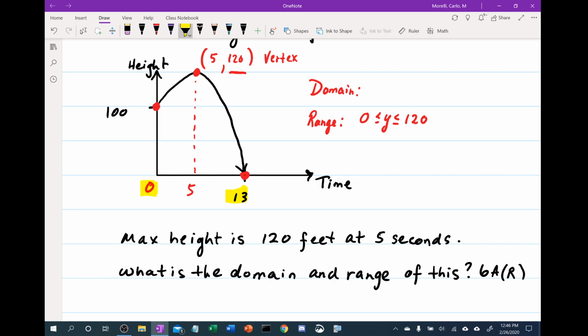The ramen bowl, at 0 seconds you start a stopwatch. 13 seconds later, it hits the ground. So the domain of this is 0 to 13. Good job. Okay, and bingo was his name-o.